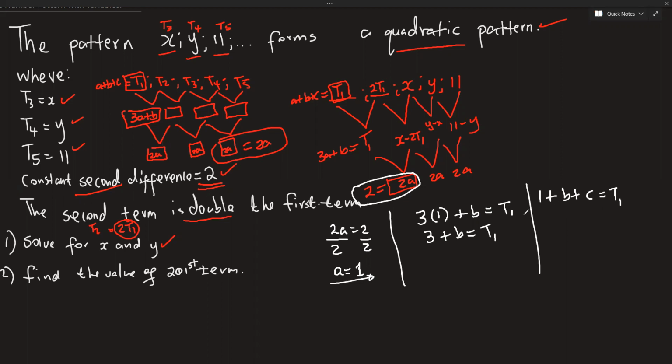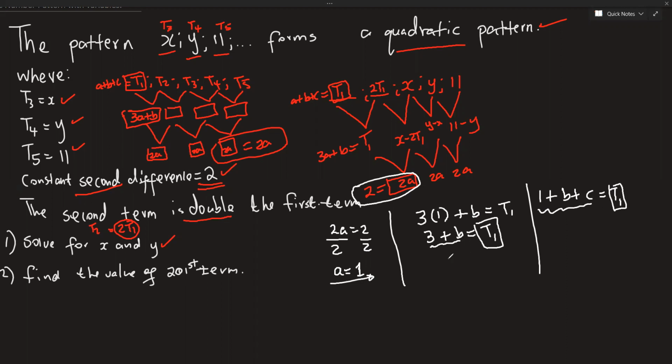But there's something amazing that is happening here. If you check here, I have T1. I also have T1 there. You see, so T1 equals that, and T1 equals this. So it tells us that this part and that part must be equal because they both equal T1.